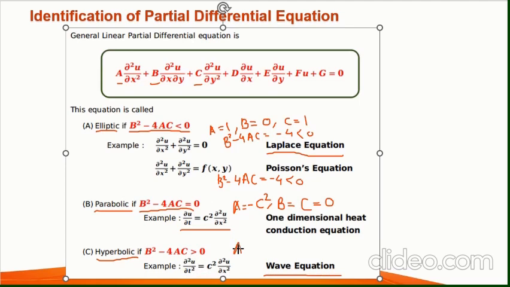Here the value of A is c², B is 0, and C is −1. B² − 4AC equals 4c², which is obviously greater than 0, and hence this wave equation is a type of hyperbolic equation.